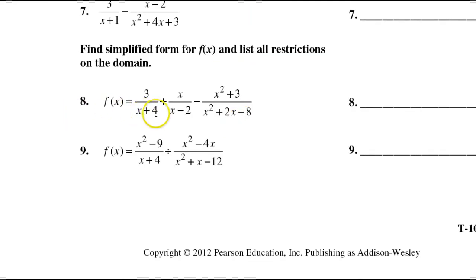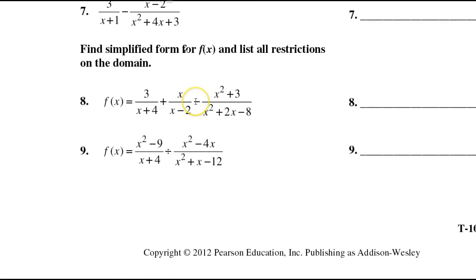In example 8, again, I believe these are the factors of this. So this is your lowest common denominator. This term would have to be multiplied by x plus 4. And this term would be multiplied by x minus 2.